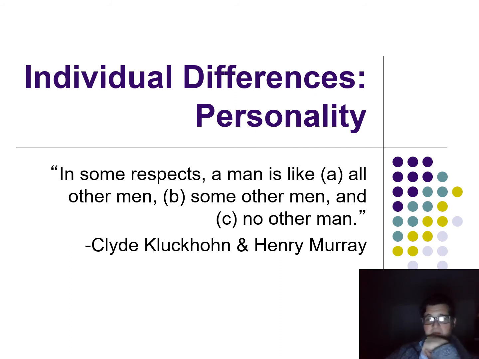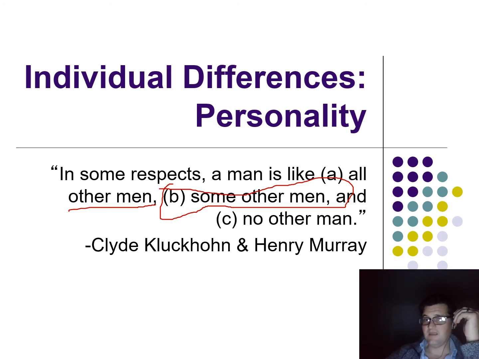But what we're talking about here with personality psychology is focused on this B level, how people are similar to one another, but different from others. So the basic idea with personality, or at least the level that most personality psychology works with, is to try to understand, are there basic features that are universal to humanity, but that people differ on? And again, the answer seems to be more or less yes.